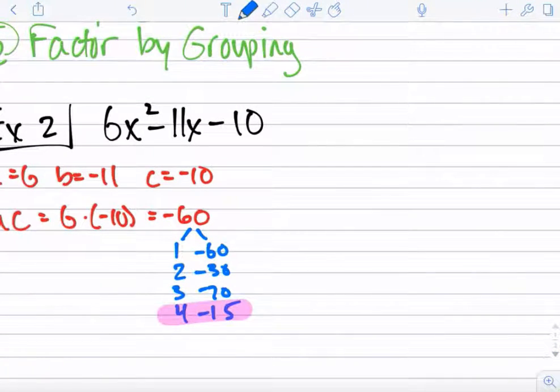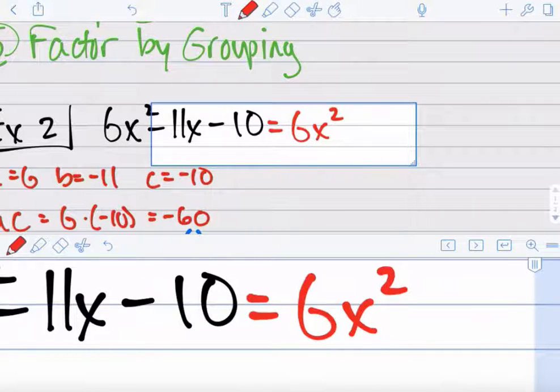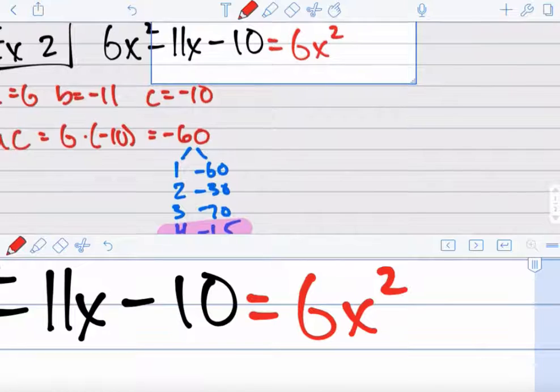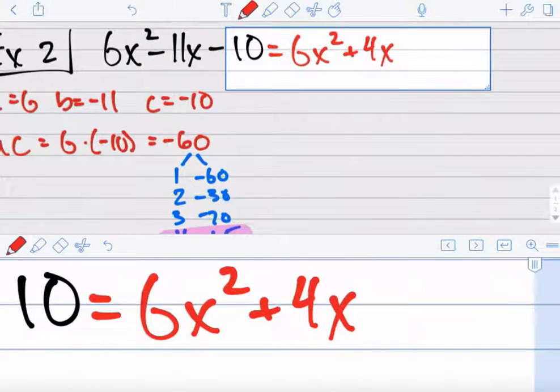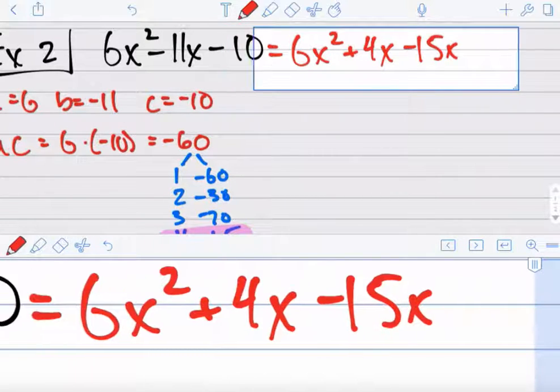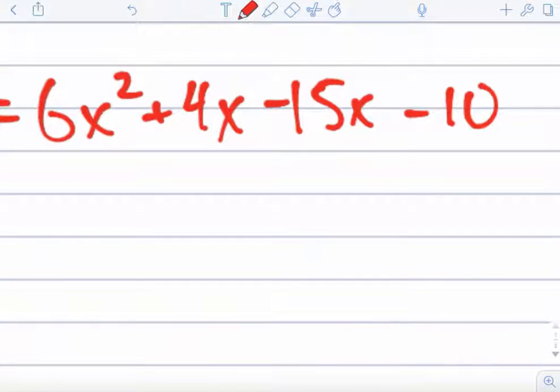So my next step was to go back to my original, right here, and I want to rewrite that as 6x squared plus 4x minus 15x minus 10.